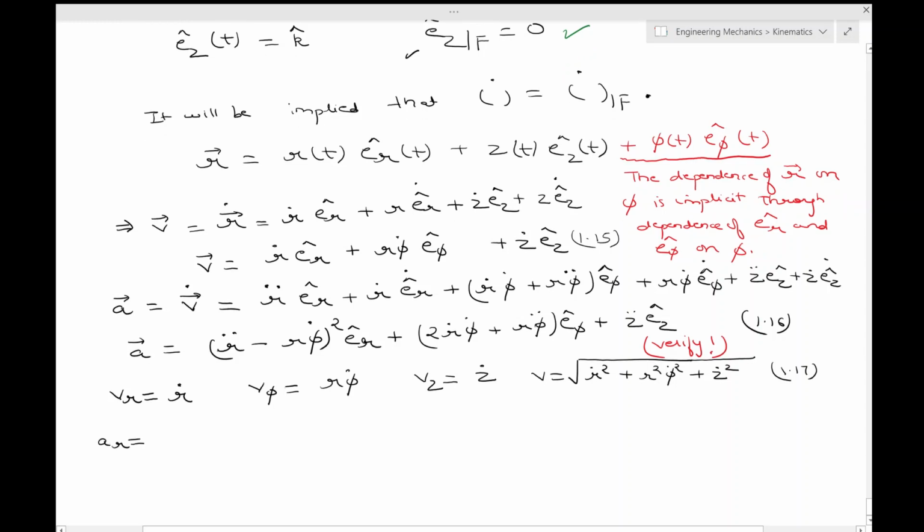Similar to this you can write for the acceleration. The radial part would be r double dot minus r phi dot square.